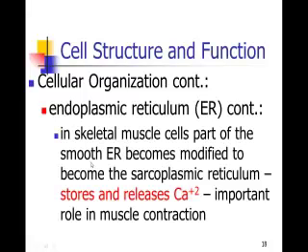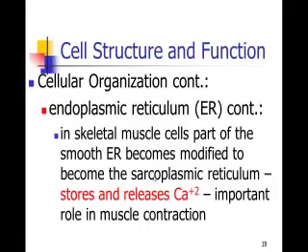Another interesting evolution of the endoplasmic reticulum for a specialized function is that in skeletal muscle cells, the smooth endoplasmic reticulum gets modified into something called a sarcoplasmic reticulum. Sarcoplasm refers to muscle cell cytoplasm, and the sarcoplasmic reticulum stores calcium until it's needed.